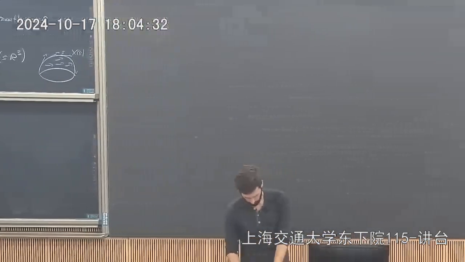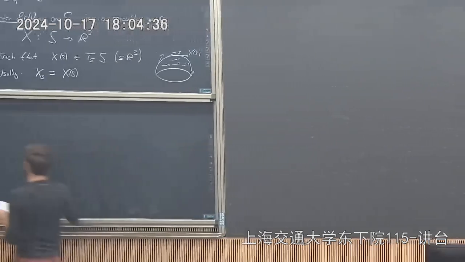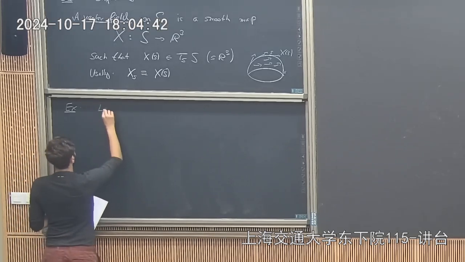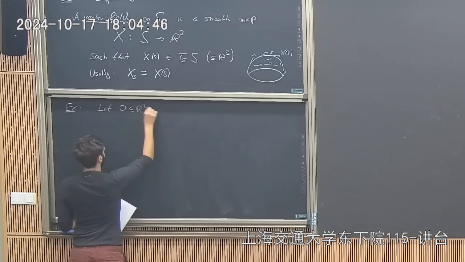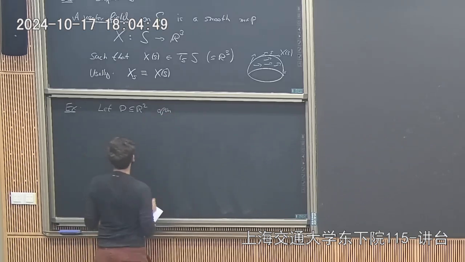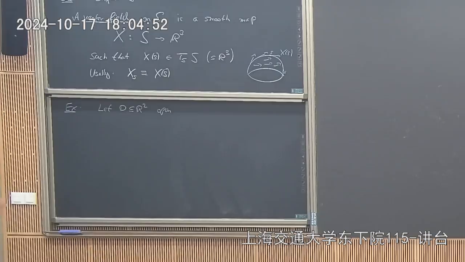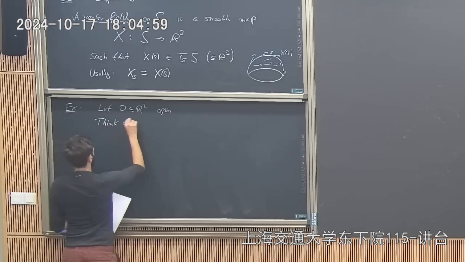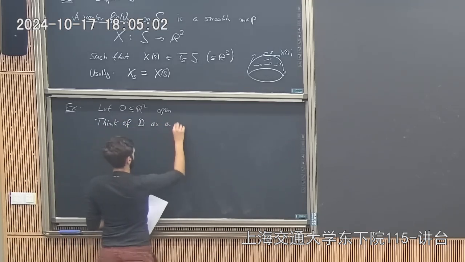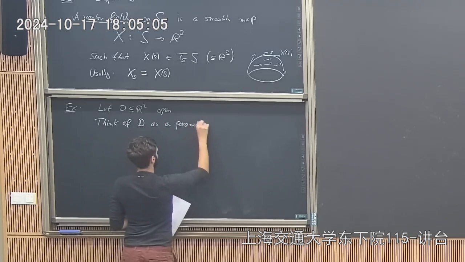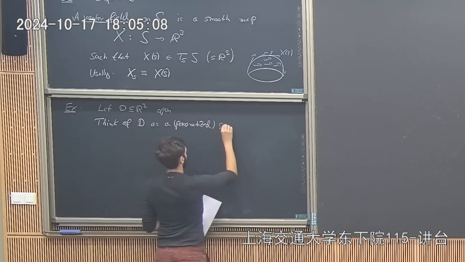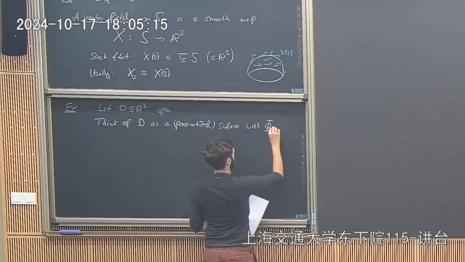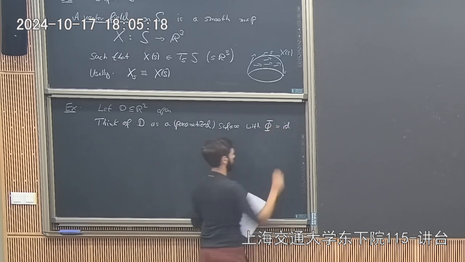So let's look at a typical example. We can consider an open subset of R2, and we can consider that one as a parametrized surface with one chart, which is just the identity.